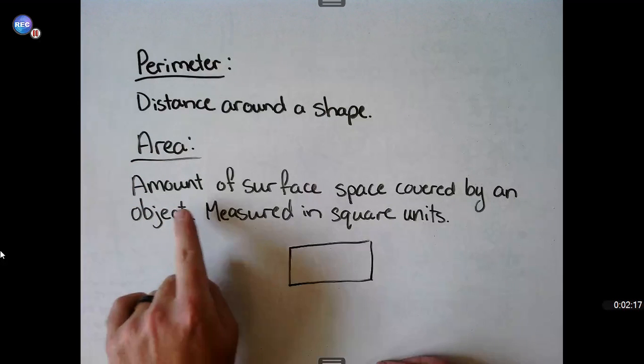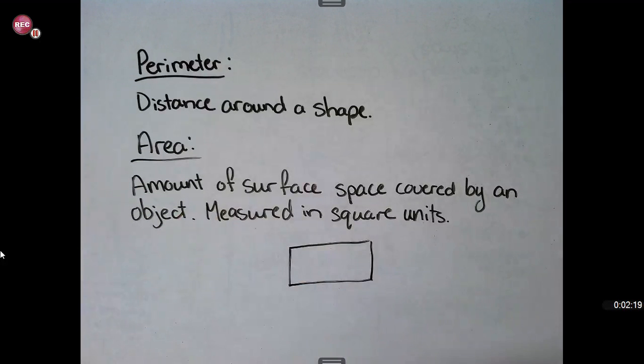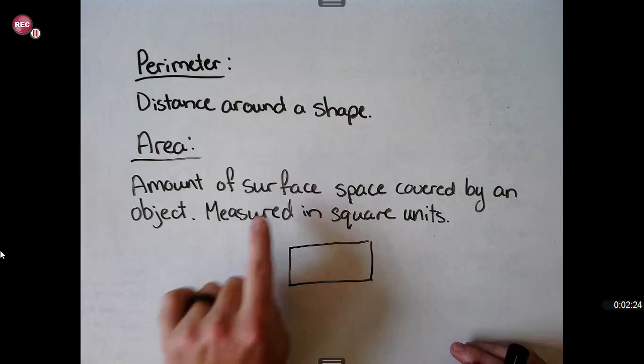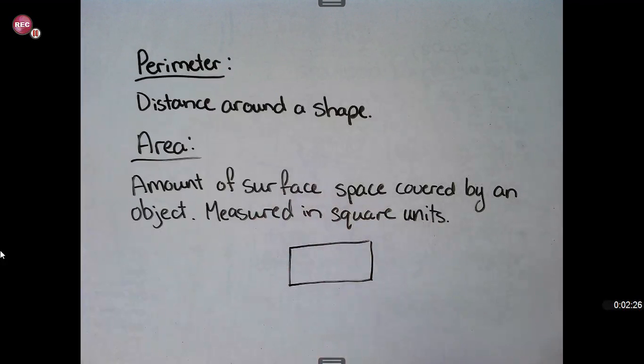So area would be the amount of surface space. So area is everything inside the fenced off area. So the amount of surface space covered by an object. This is also measured in square units.